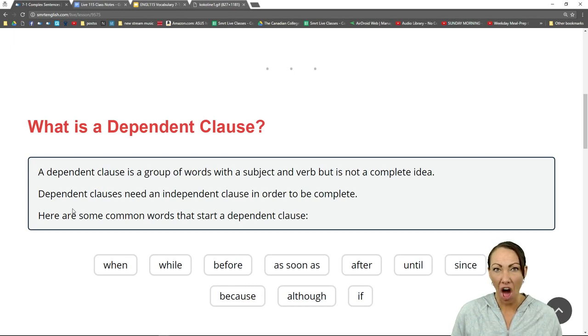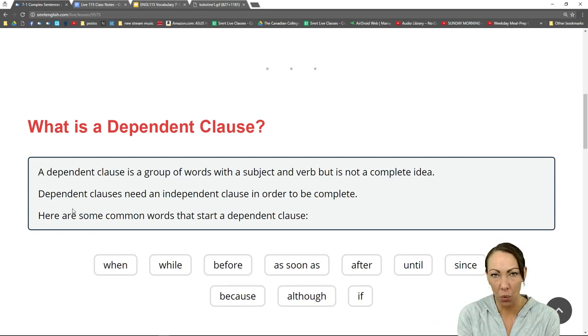So perhaps a helpful way to remember that is to be dependent means that basically you need something else or you need someone else. You're depending, okay? Someone, something is depending on something else.